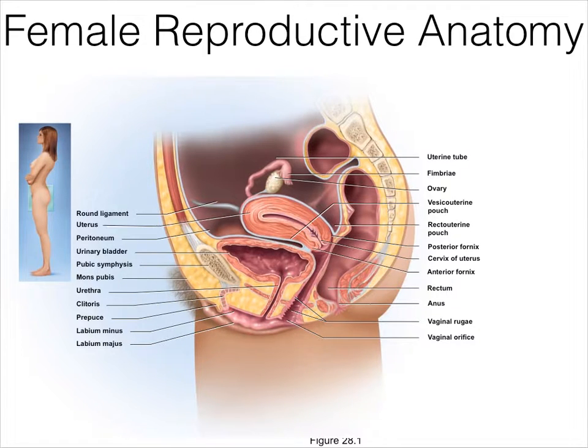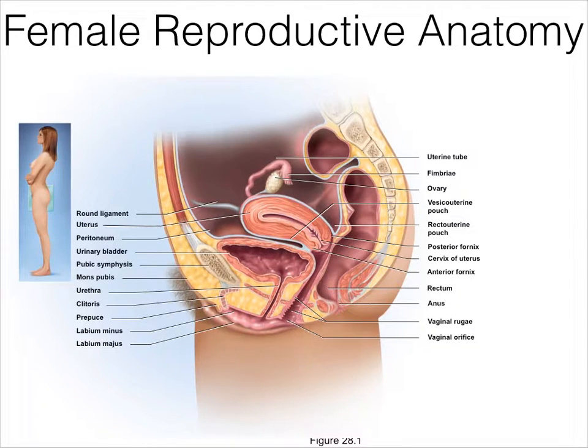The clitoris is formed from the same tissue that forms the glans or head of the penis in males. And like the head of the penis in males, it is a very sensitive area for sexual excitement.